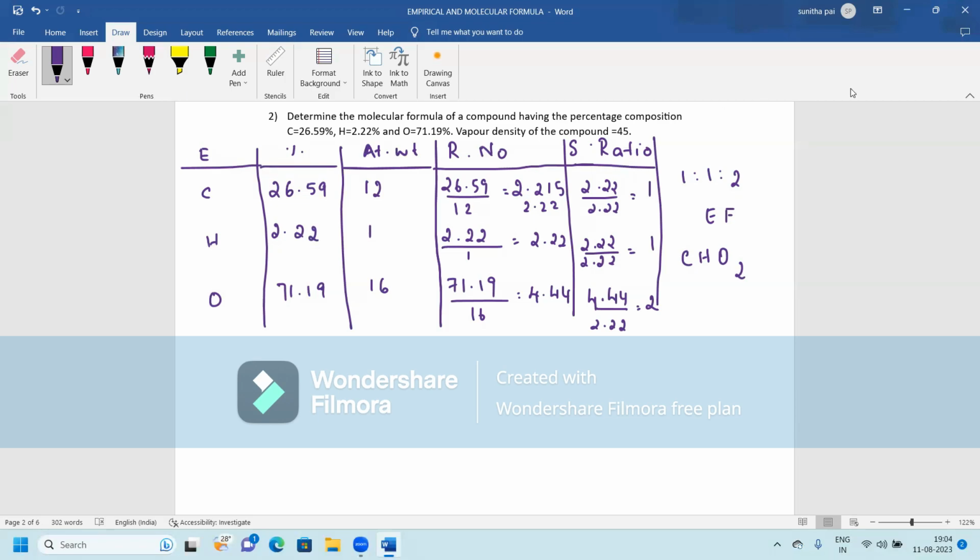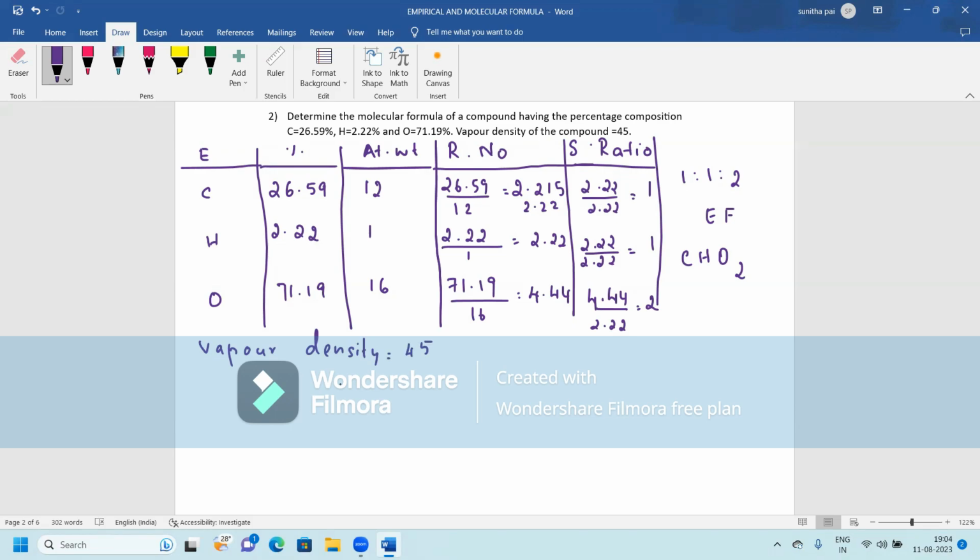Now the question continues. Question is not just to find out empirical formula, but to find out molecular formula. So how do we calculate the molecular formula? First of all, let me write the additional data which is given, vapor density of this compound is 45.